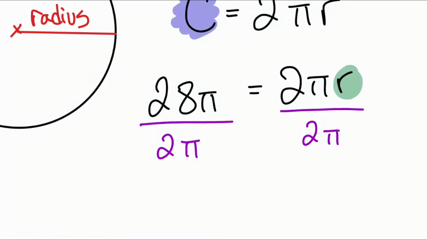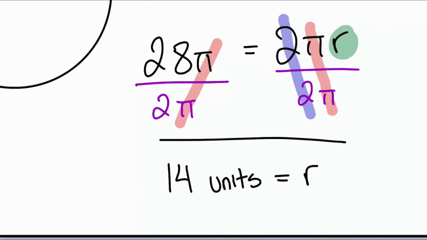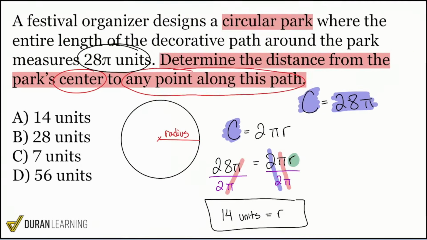And once we do that, the pi's cancel out, the 2's cancel out. On the left side, the pi's cancel out. And the final question is, what's 28 divided by 2? And there we go. The correct answer here will be 14 units. That is the radius of this park. And there we go. The correct answer here will be A.